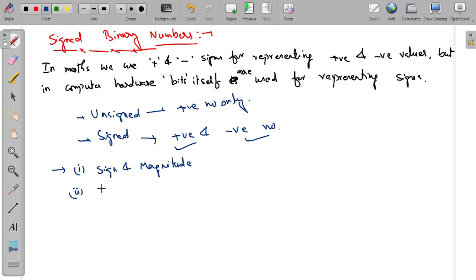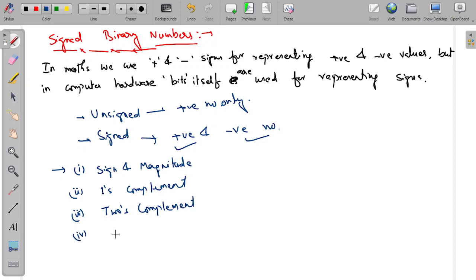The second method is ones complement. The third is twos complement method, and we will see these methods.